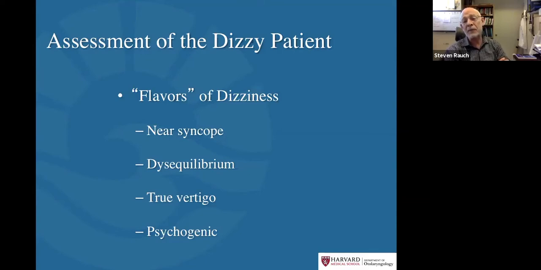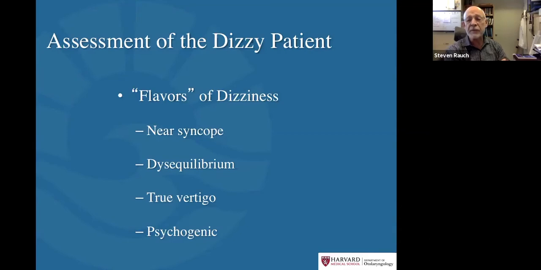And it might be from dehydration, might be orthostatic, but it might be from carotid stenosis or vertebrobasilar insufficiency or cardiac valvular disease or anemia, but it's cardiovascular and neurovascular. And people who feel like they're going to pass out really don't belong in my office. They need to see an internist or cardiologist for the next evaluation.